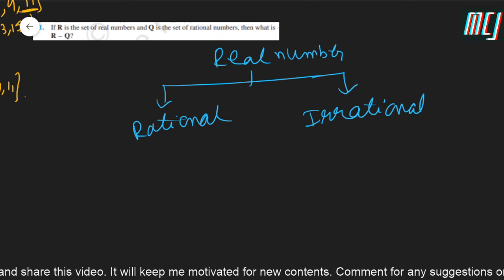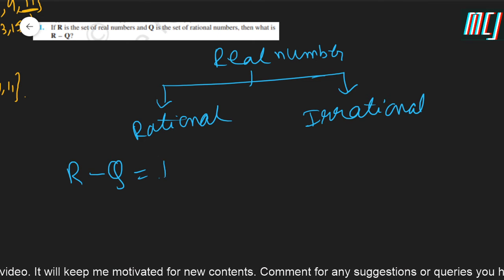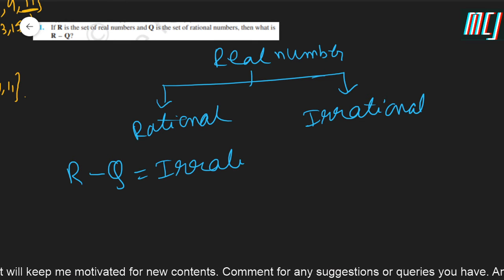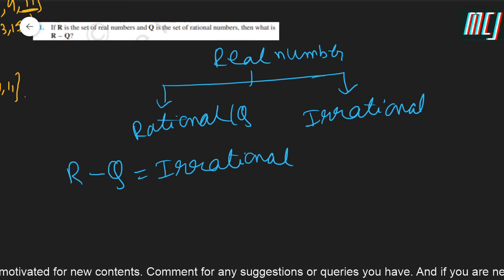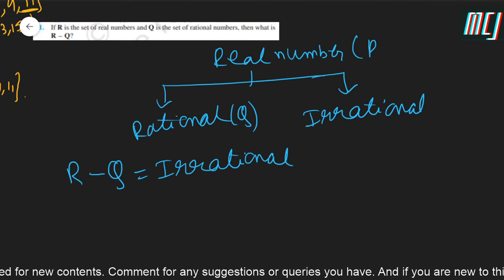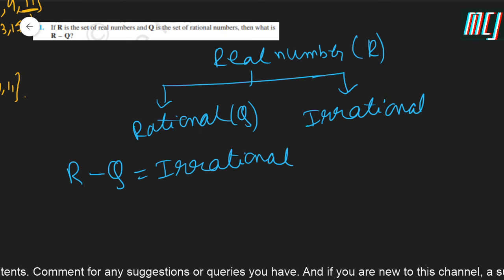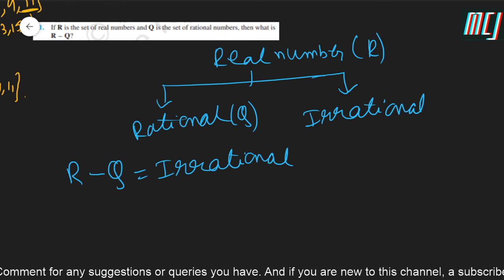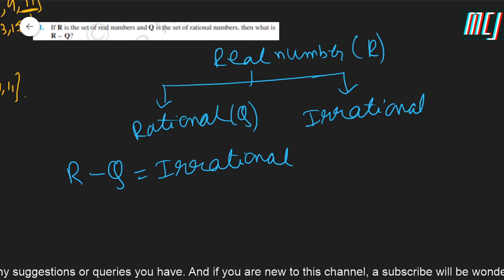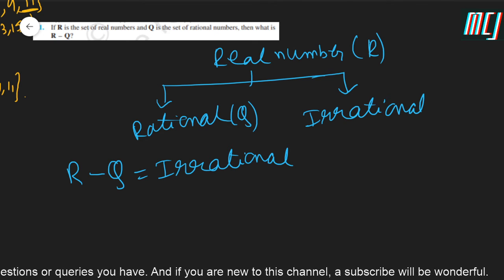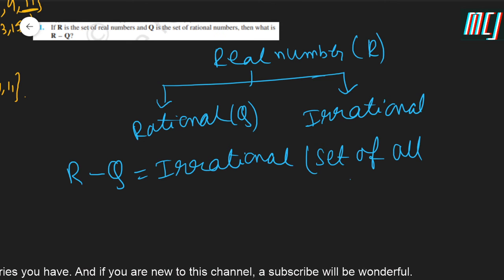Now R minus Q. R minus Q is equal to irrational, as this is Q and this is R. So if we subtract Q, then it will be set of all irrational numbers. Okay, clear? So this is set of all irrationals.